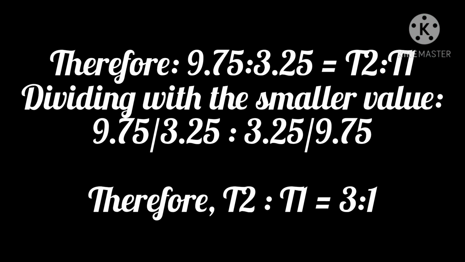Therefore, 9.75, that is final volume, to 3.25 will be equal to the ratio of T2, final temperature, to the initial temperature. So what we have to do is to use the smaller of the two volumes to divide the values. And dividing it, we have it that the ratio is 3 to 1. And that is the ratio of final temperature to initial temperature.